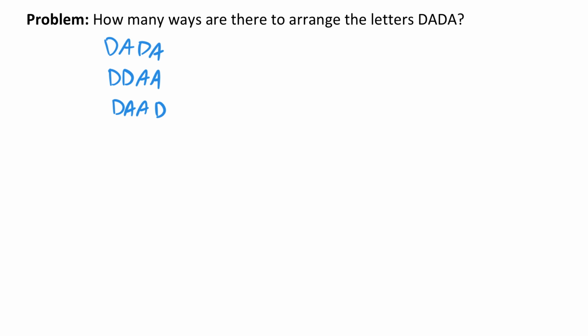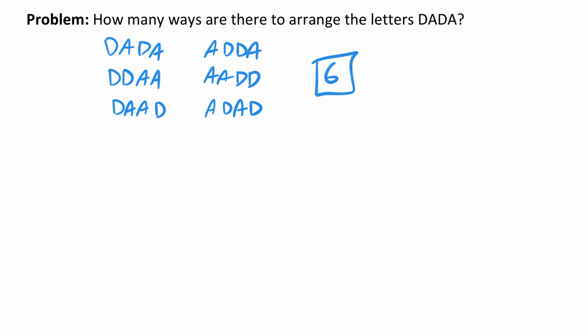We could have A-D-D-A, A-A-D-D, A-D-A-D. Now, I think those are our only options here. We've got the one starting with D, the one starting with A, and I think that's it. So that's going to give us a total of 6.